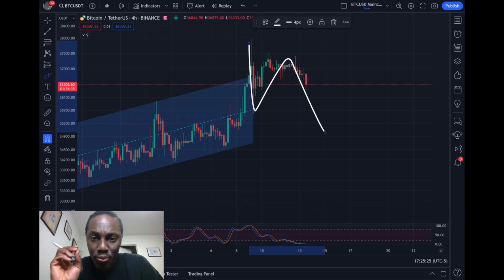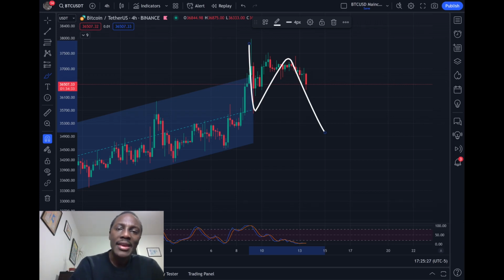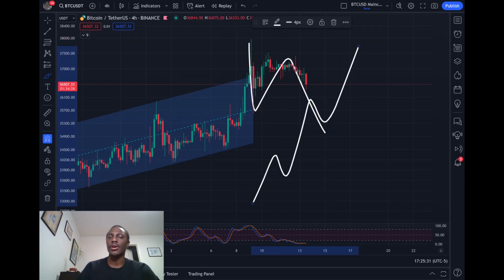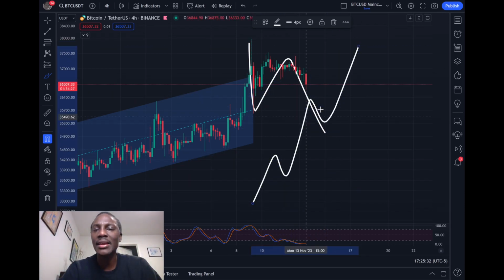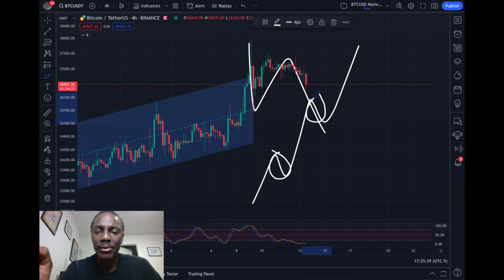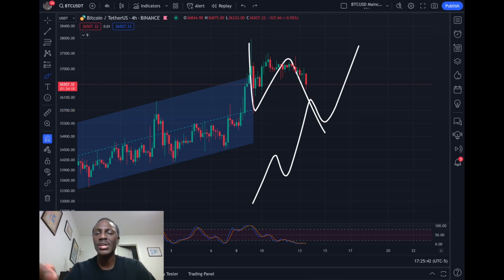Okay? Because we're breaking structure here. In an impulse, you don't break structure. You continue to maintain higher highs and higher lows. You may make retracements. That's not a problem. But each and every single one of those retracements never breaks the 0.618 of the previous trend.